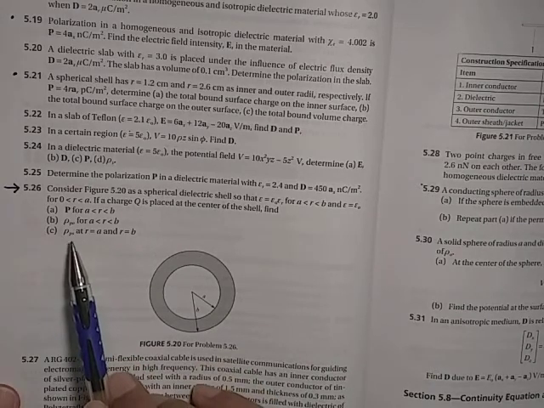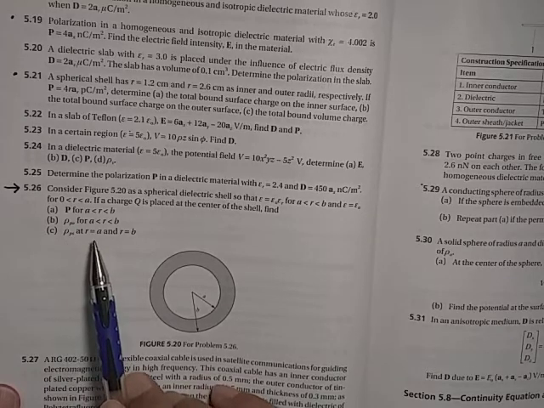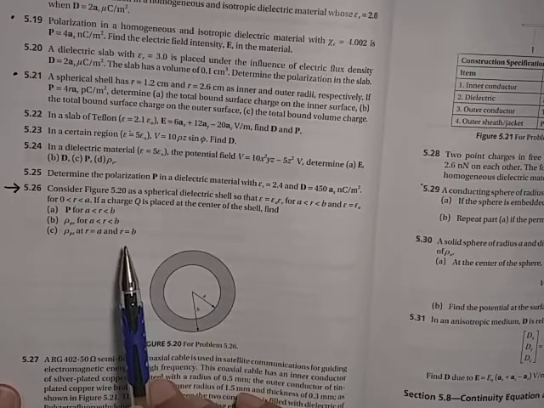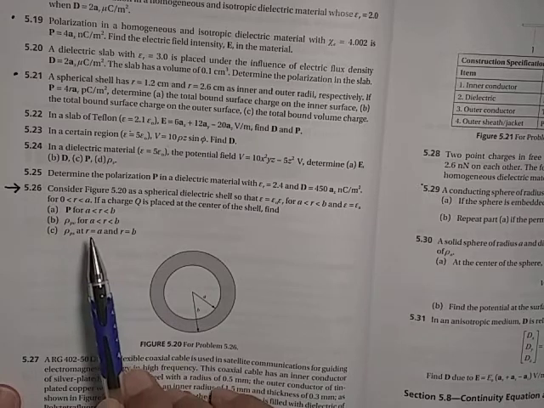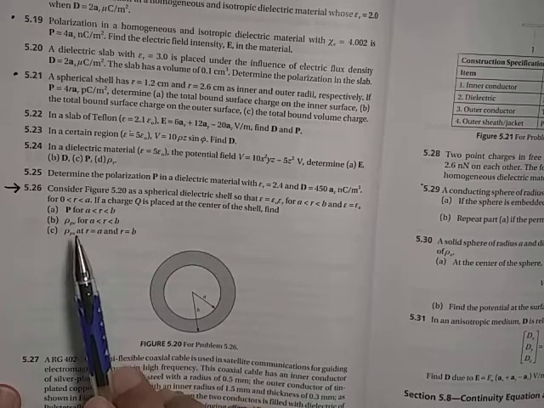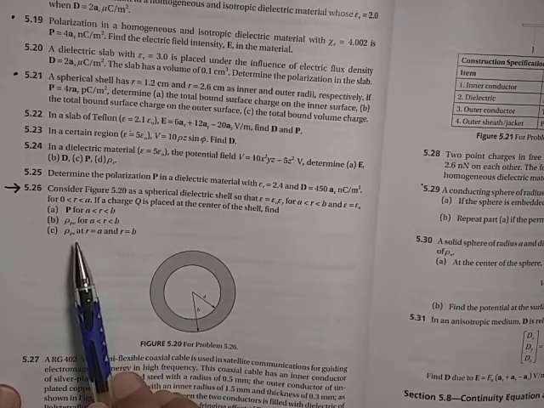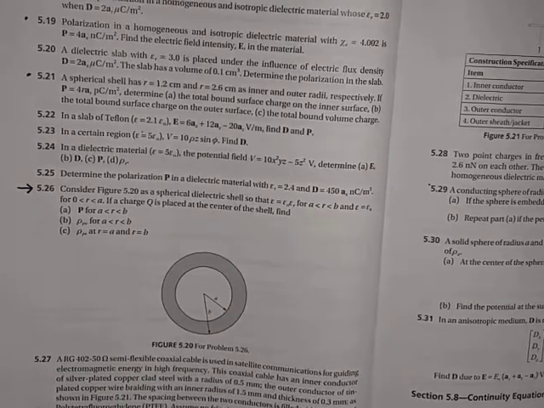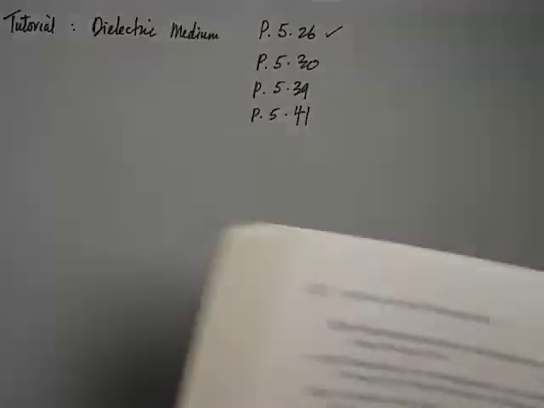For the third part, the question asks us to determine the surface bound charge at the surface of R equal to A and R equal to B. So there are three items that we need to solve. First, the polarization vector. Second, the bound volume charge density. Third, the bound surface charge density. So that's what we're going to do now. Okay, so let's do it.